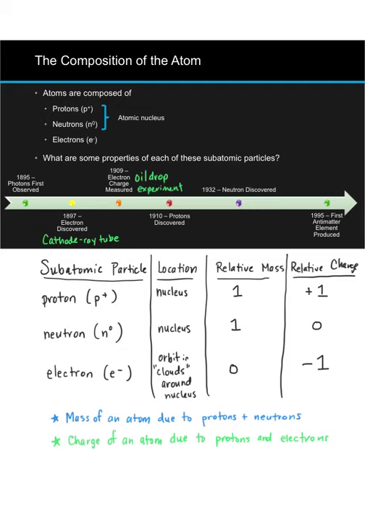In Millikan's oil drop experiment, charged particles are attached to oil droplets, and the magnitude of the charge on an electron in absolute charge is determined. Lastly, protons are discovered in Rutherford's gold foil experiment.